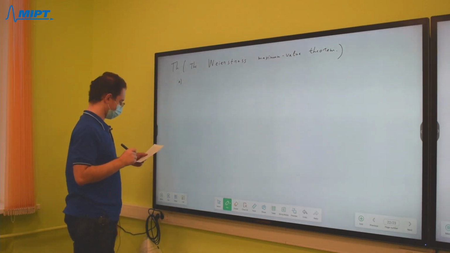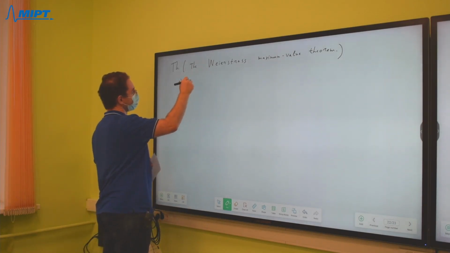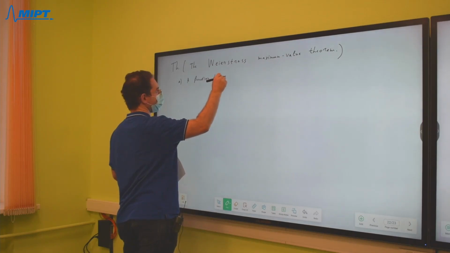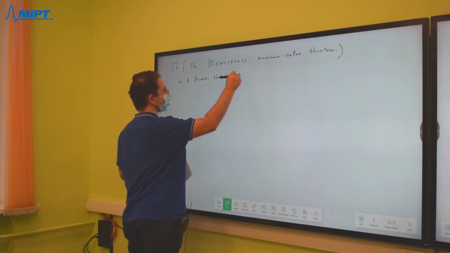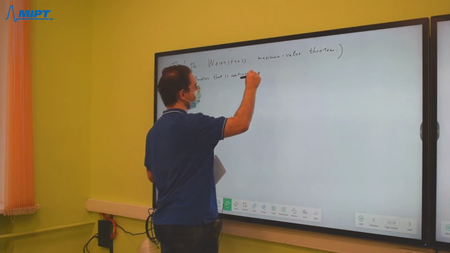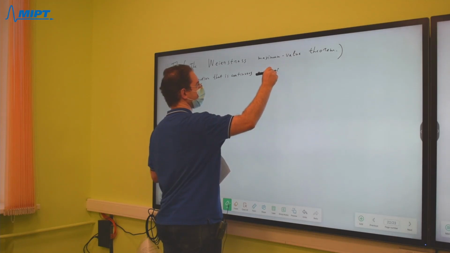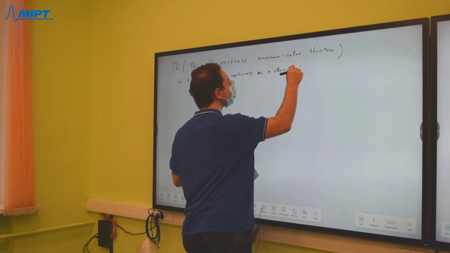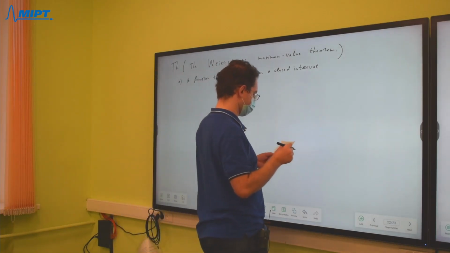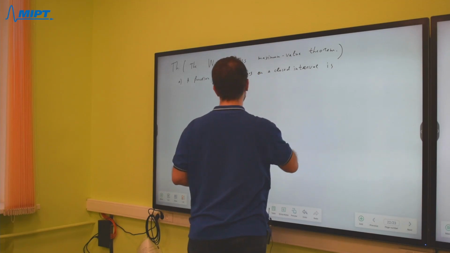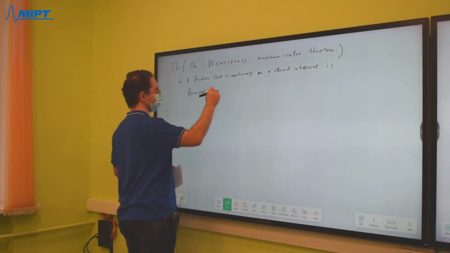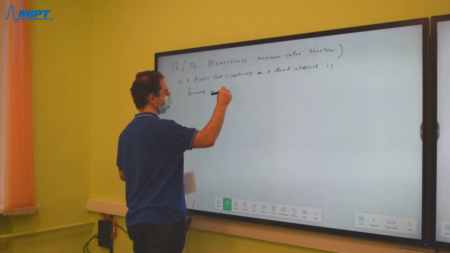Part A. A function that is continuous on a closed interval is bounded on this interval.